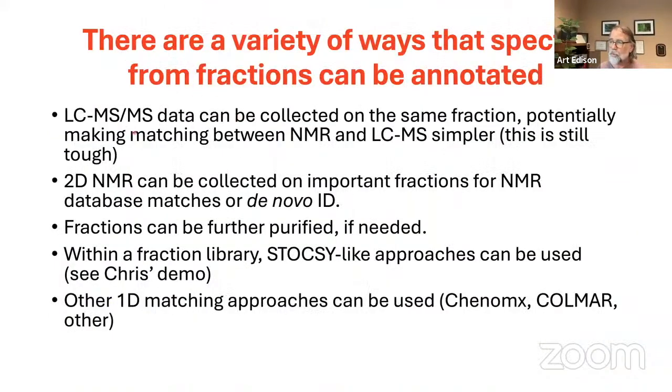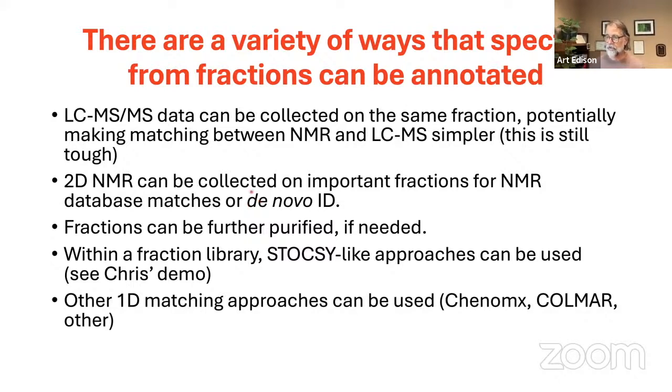Each one of those tubes we can also sample by high resolution LC-MS. We can collect fragmentation data. We can go to databases like GNPS for LC work. We can do 2D NMR on any of these fractions that look interesting.